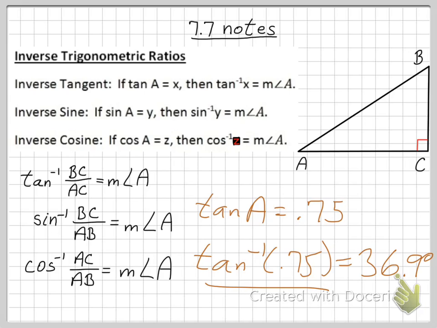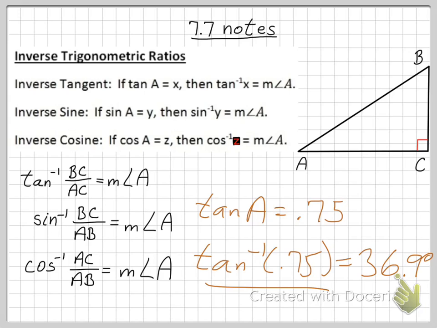And like we went over in class, I had you take out your calculators in class, and I showed you how to use the inverse buttons. If you missed class, on most calculators, it's using the sine, cosine, and tangent button, but also pressing a second button, like the second level button, that changes the function of that button.